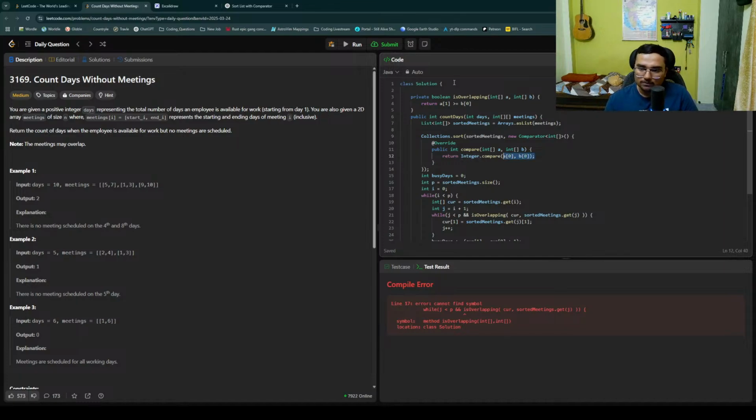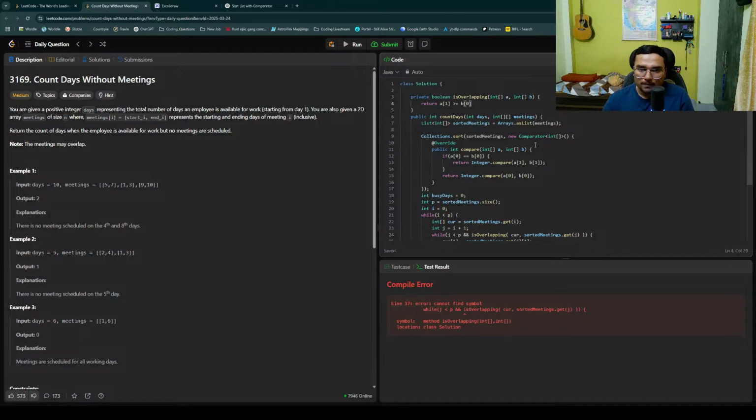What if they are equal? If they are equal, then we need to compare the second, the end, right? So if a of 0 equals b of 0, then return integer dot compare a1 b1. Otherwise, return integer dot compare a0 b0.